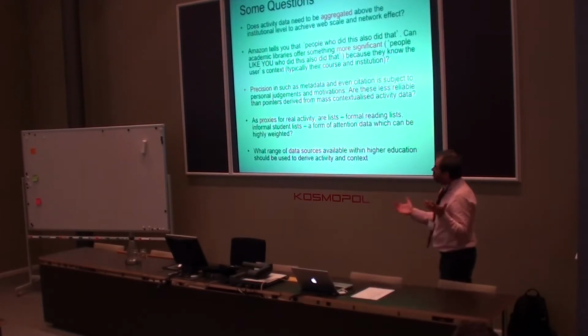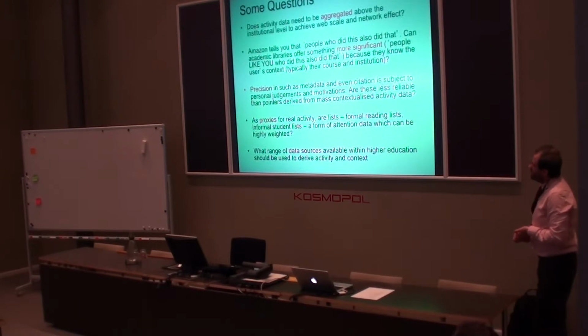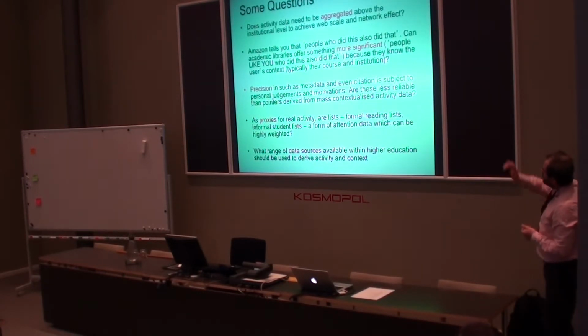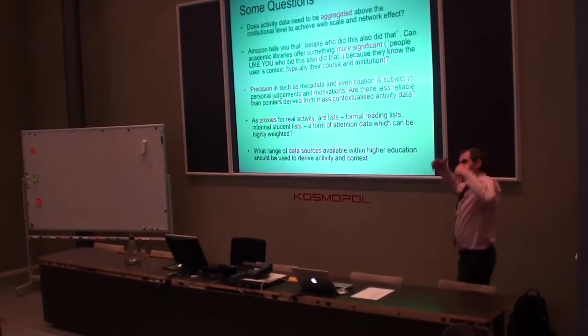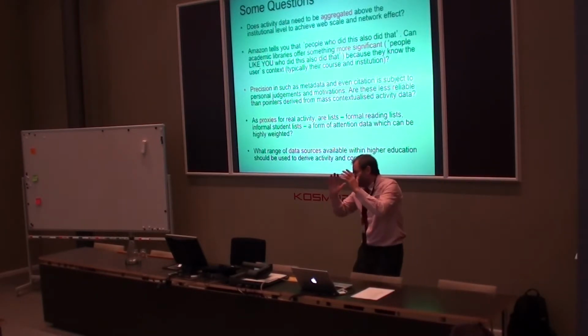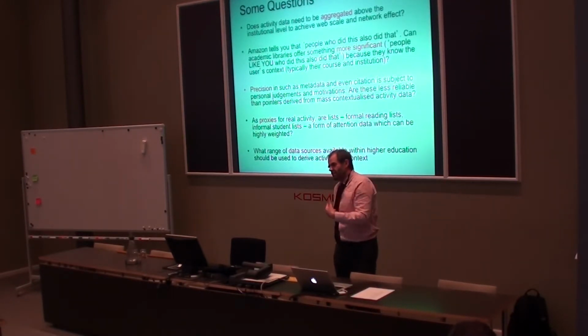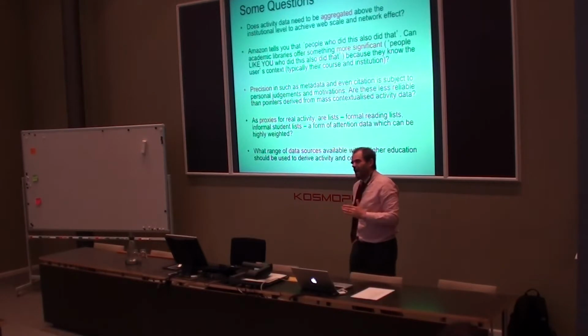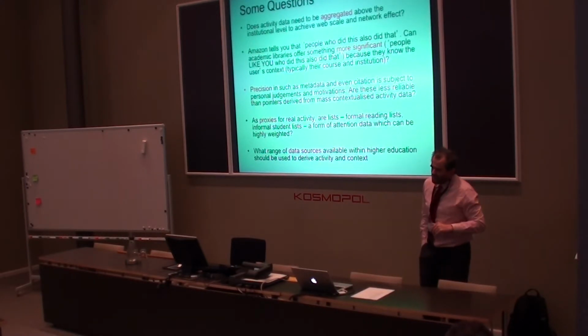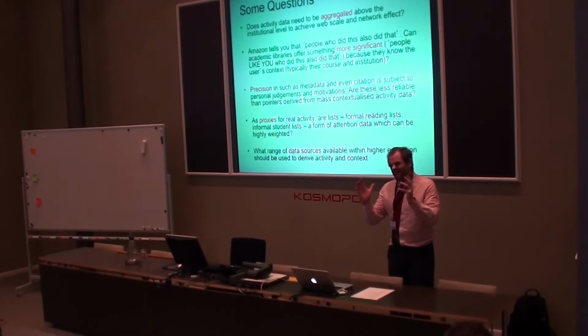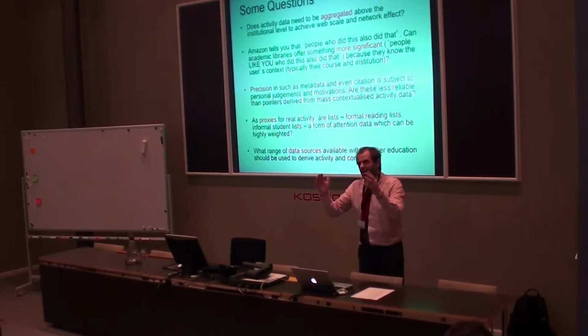And this led to some big questions, and we posed these at a conference 2 years ago. Do you need to aggregate stuff to get network effect? Oh, Amazon, there's lots of data. We need lots of universities to put their data together. Actually, we think, and the University of Huddersfield's long trial of this, and other work done in places like Manchester has said, actually, an intensively used collection that is focused on a specific group of people probably generates enough data to be useful, because it's very focused what they're doing.